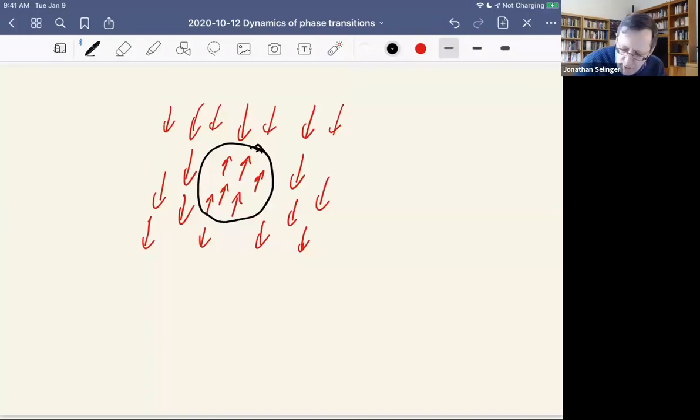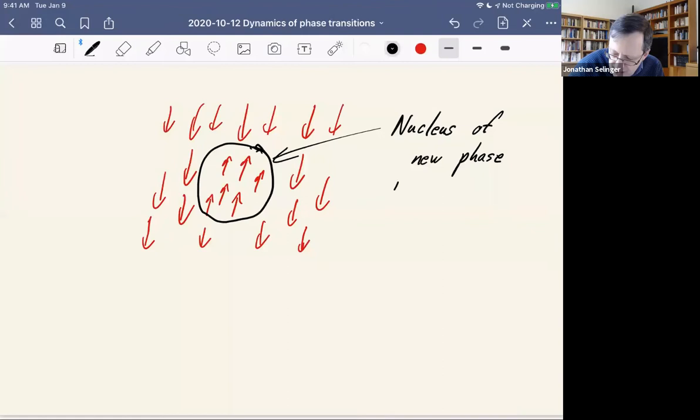And the words for this, well, they're different kinds of words. People sometimes refer to this as a nucleus of the new phase, or as a droplet, or a bubble.